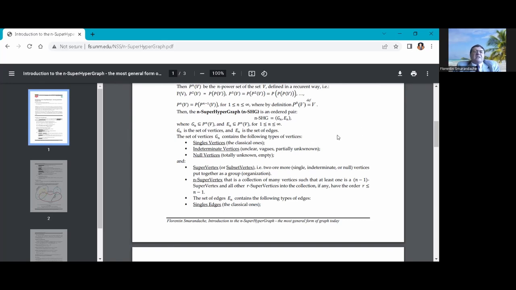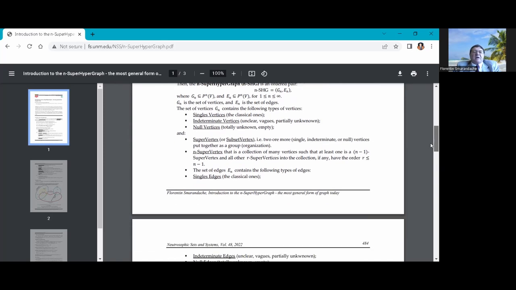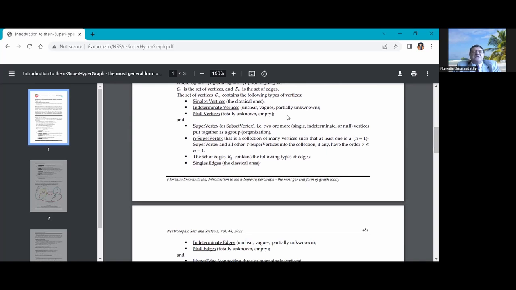So we get a few categories of vertices: single vertex, vertexes in our everyday life, or indeterminate vertices, vertices which are not clear, vague, or partially unknown, null vertices, vertices that have existed but disappeared, had vanished with time.